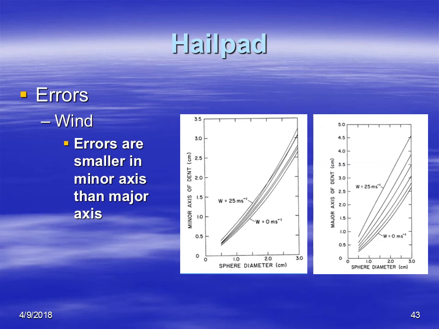The major axis is the long axis, the minor axis is smaller, and that only makes sense because the hailstone is probably traveling in the direction of the major axis. In other words, the wind is causing it to have a bigger diameter or bigger dent, and if you measure the minor axis, that's probably the correct size that you should use.